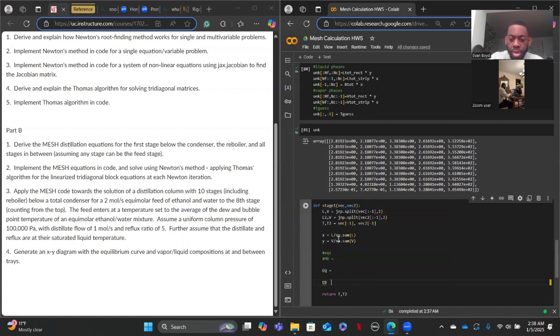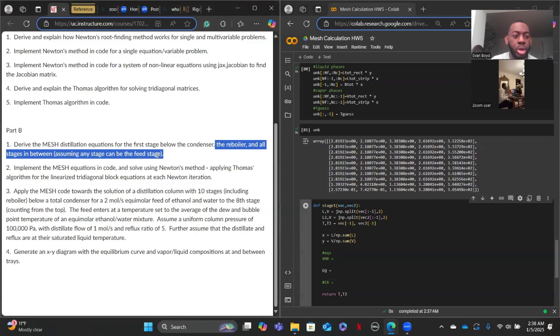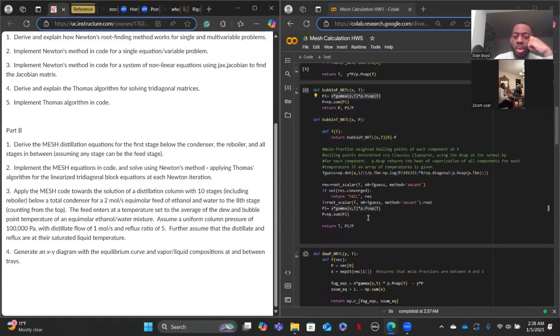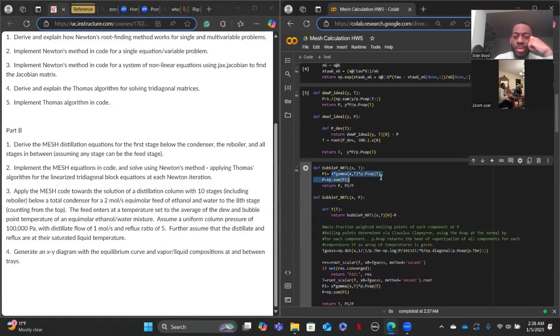Okay. We can start with the equilibrium relationship. And the good thing about this, the equilibrium relationship will not change throughout. It actually will remain the same as we go on from the reboiler and all the stages in between, which is really nice. And actually, all we're doing for the equilibrium relationship, we already have this equation, but we are just kind of taking this bad boy right here.